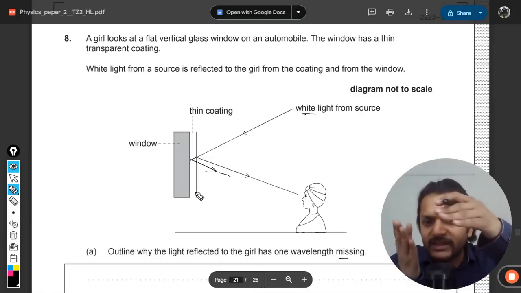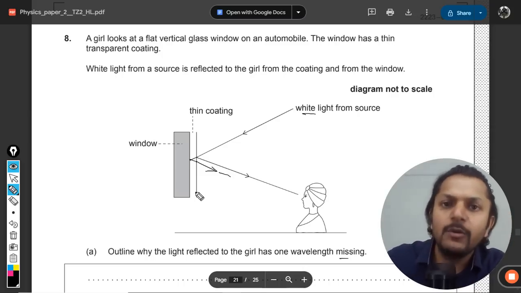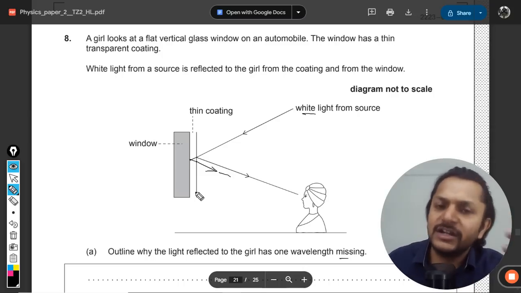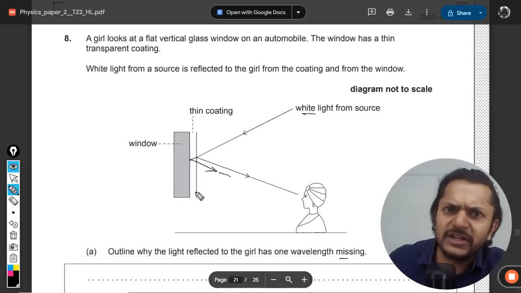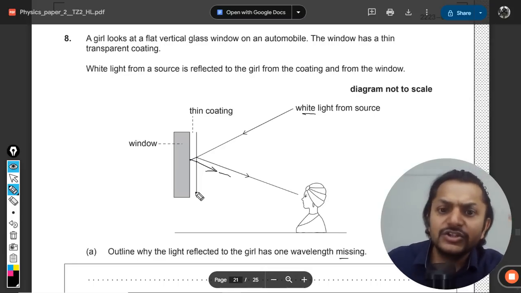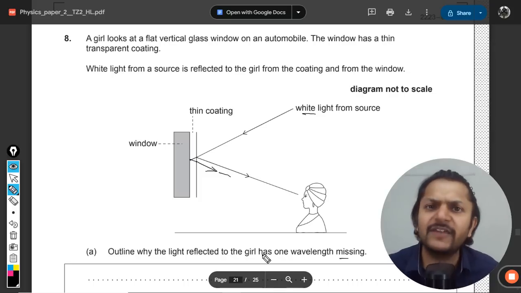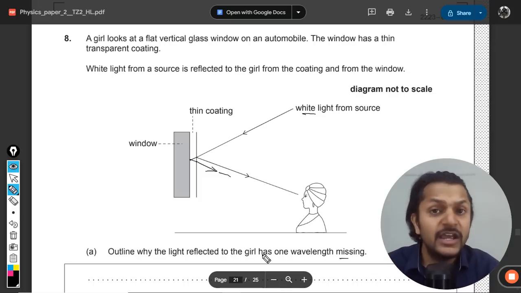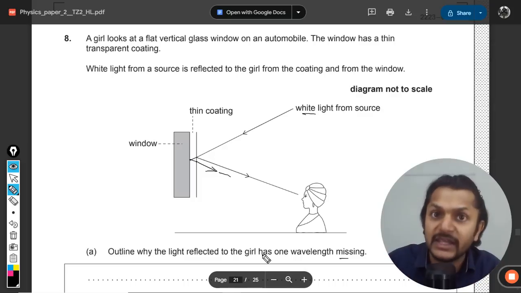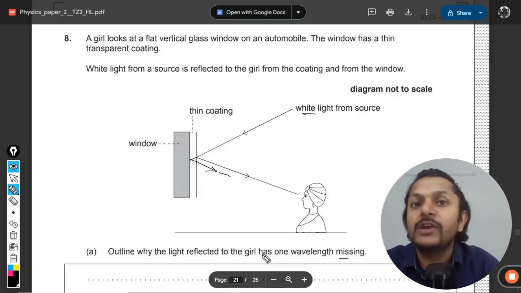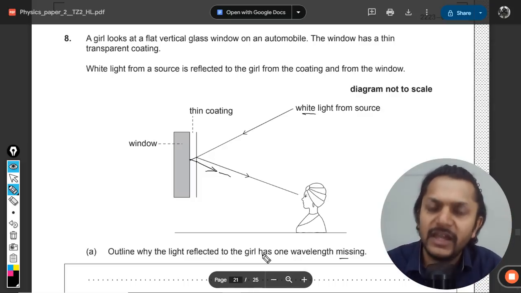So what is happening when these two lights are traveling, both of them are undergoing destructive interference and constructive interference at various angles. So when it says that there is one wavelength which is missing, it only means that for one particular wavelength, it could be anything, but whatever it will be, there is a chance that it will be going for the destructive interference.